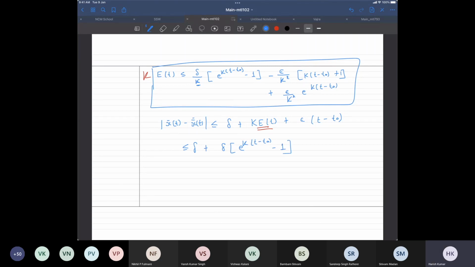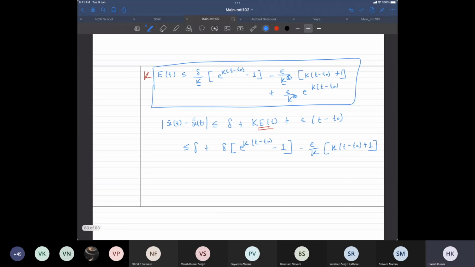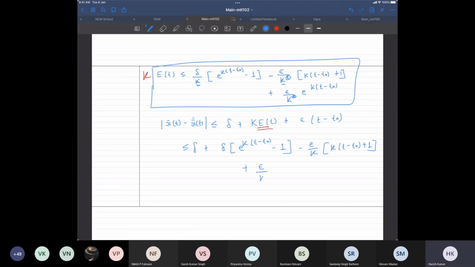Okay, plus, now again this square will go away when you do that, so plus epsilon by k, this is minus k(t minus t naught) plus 1. All right, plus epsilon by k times exponential of k(t minus t naught).